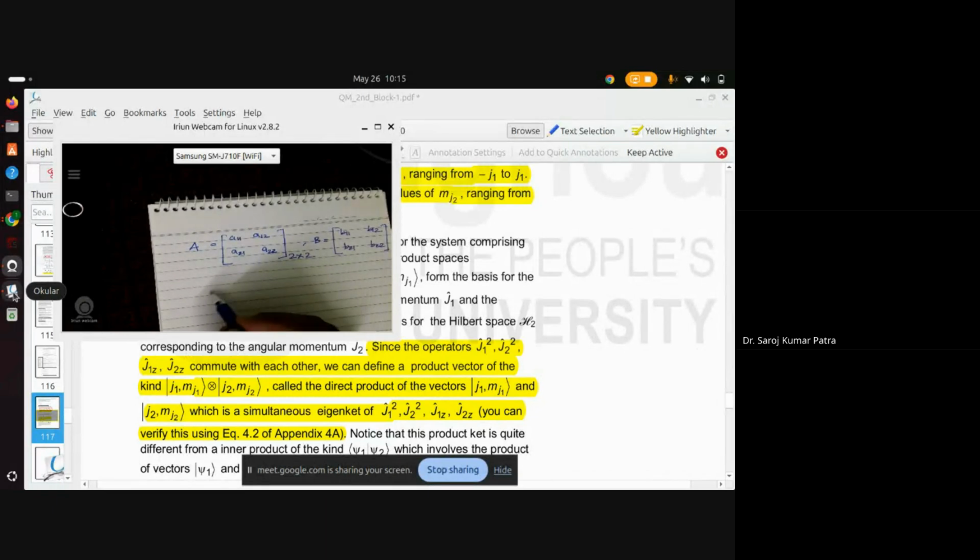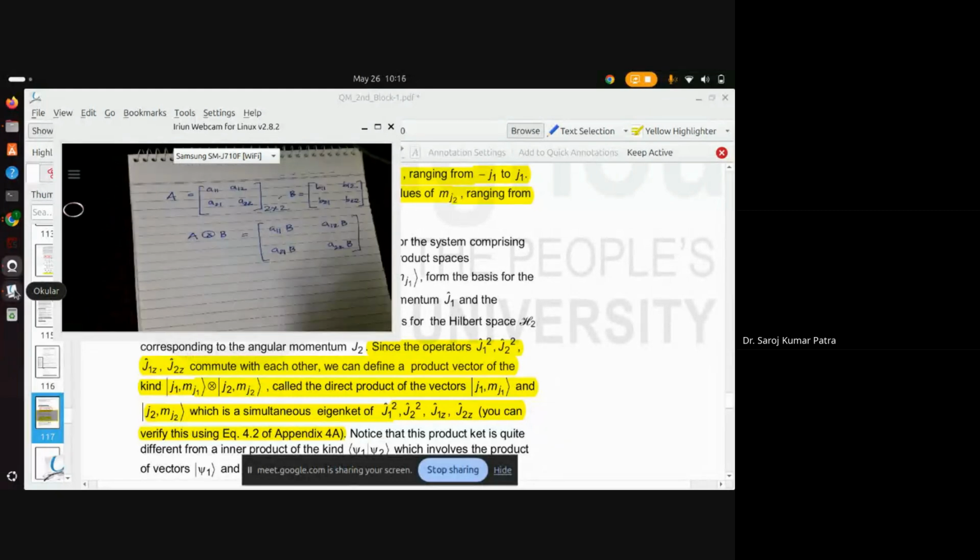So if I'm writing A outer product B, what does it mean? It means it will be a matrix of this form: A11 B, A12 B, A21 B, A22 B. So that will be like a matrix inside a matrix.